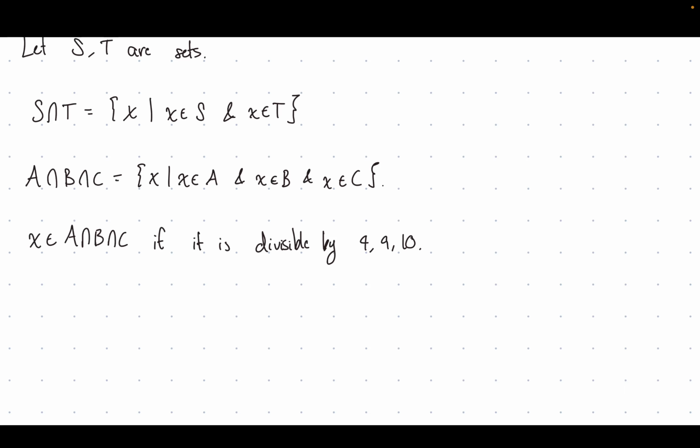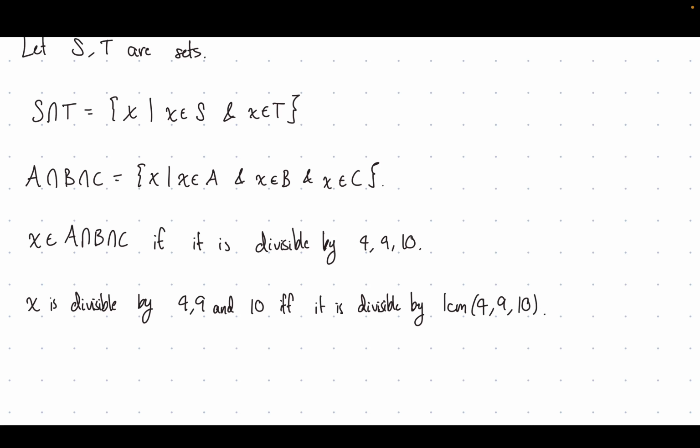And this is just a fact from number theory. So X is divisible by 4, 9, and 10 if it is divisible by their least common multiple, which is what this LCM notation is.